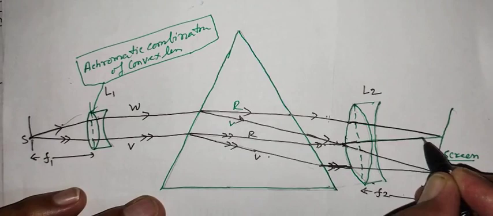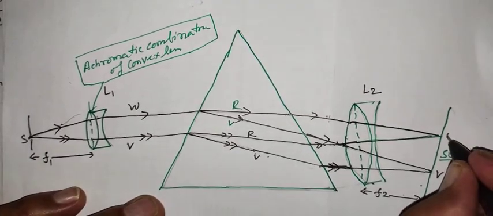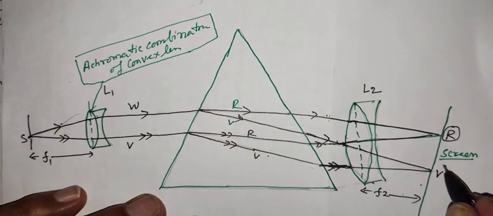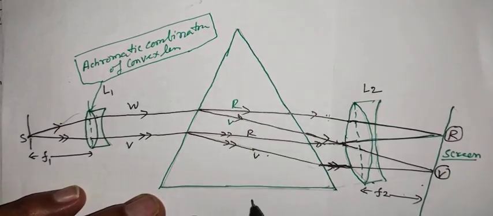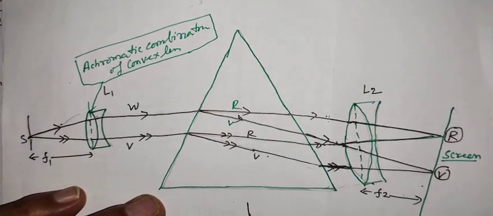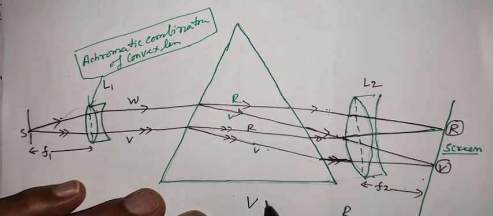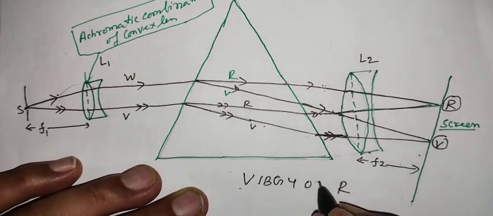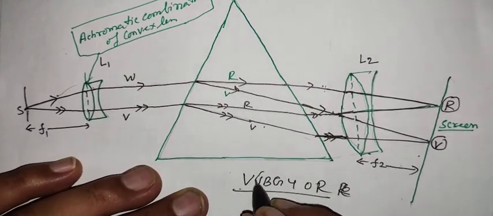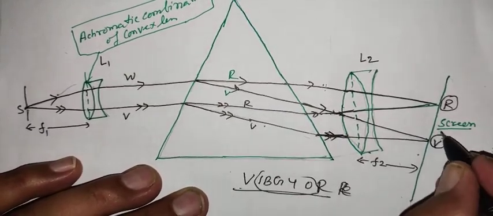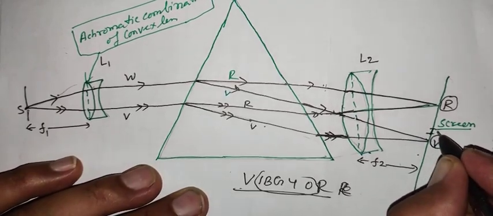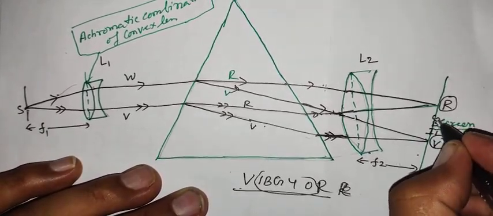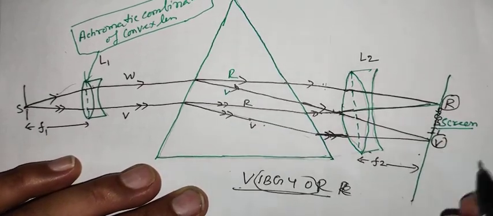So all red color combines at one place, violet color in one place, and all constituent colors in spectrum pattern have their positions at one place: indigo, blue, green, yellow and orange.